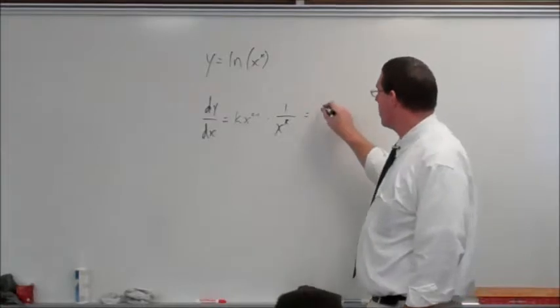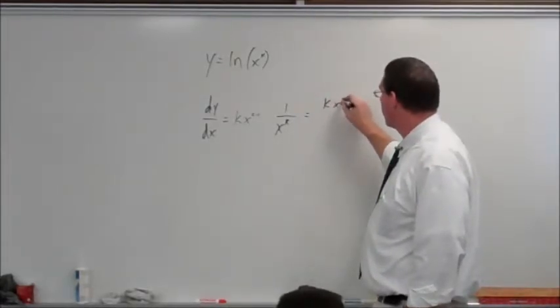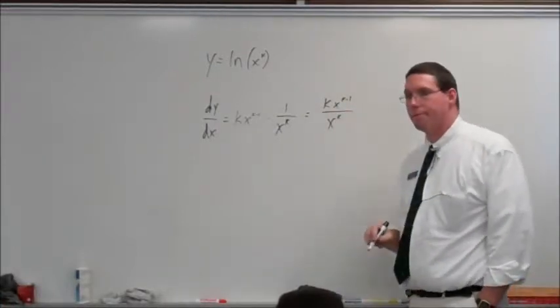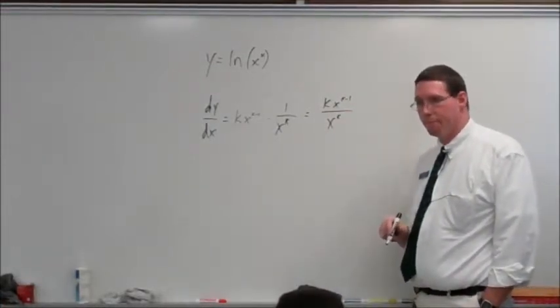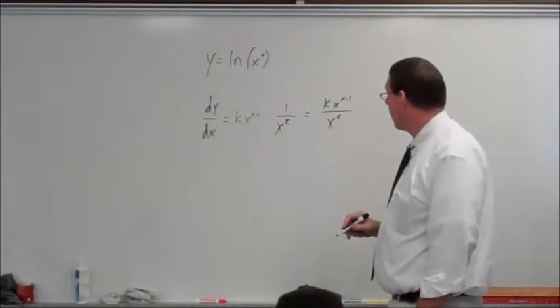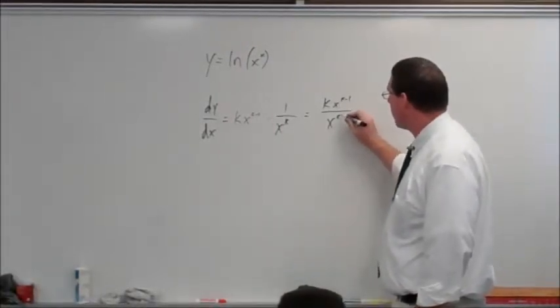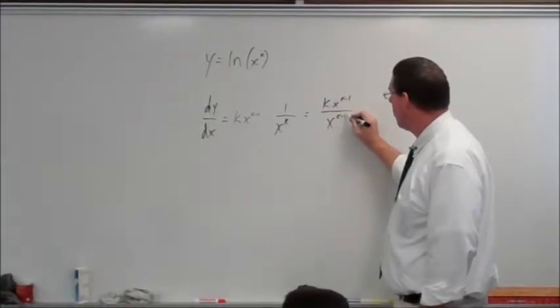And now this is going to become k x to the k minus 1 power over x to the k power. Now, can we agree that x to the k power is the same thing as x to the k plus 1 minus 1?